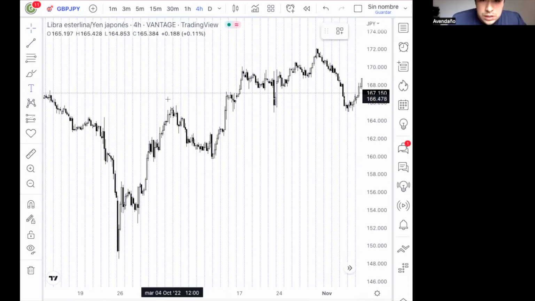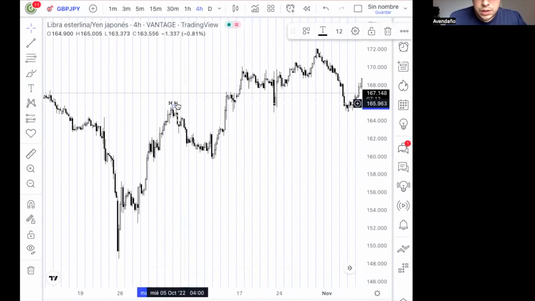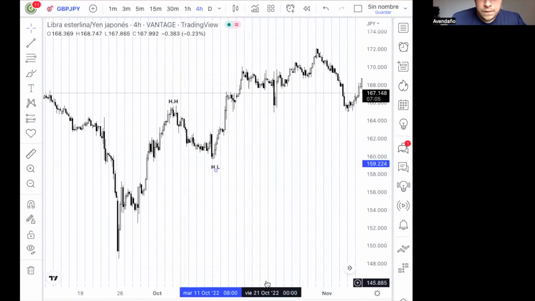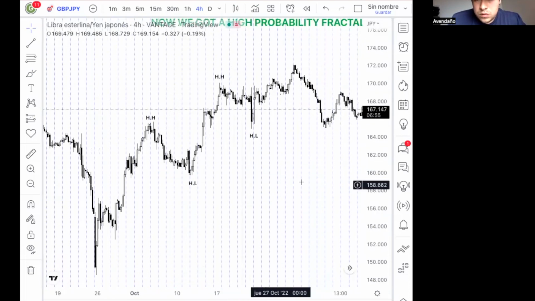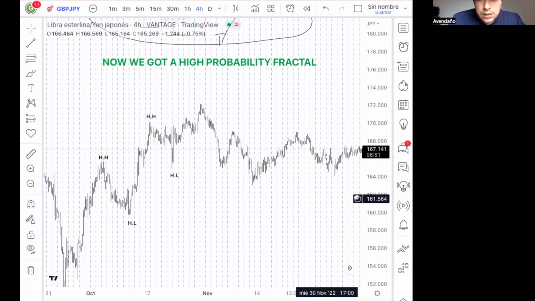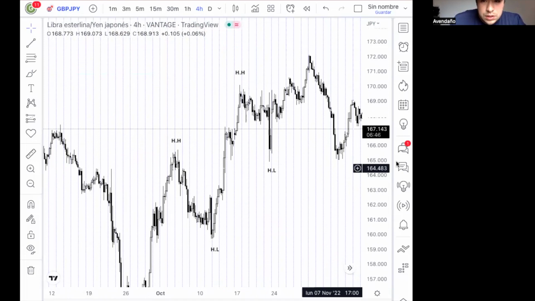In this case, you and me know that we are in a bullish structure, so we will be determining higher lows and higher highs, followed by a higher low, followed by a higher high, followed by a higher low. So we are able to identify that we are in a bullish structure.